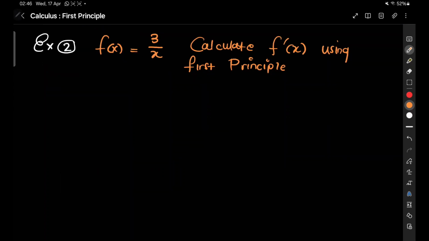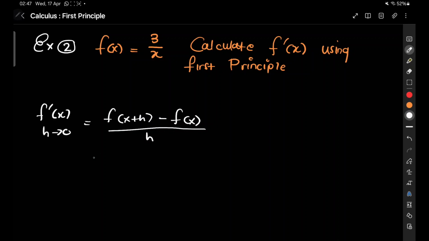So in this example, we're given the following function, f of x is equal to 3 over x, and we're told to calculate the derivative using first principle. So to do that, we need to say f derivative, h goes to 0, and then we write down the formula, which you do not have to memorize, as I've already mentioned, because it will be given to you in your formula sheet.